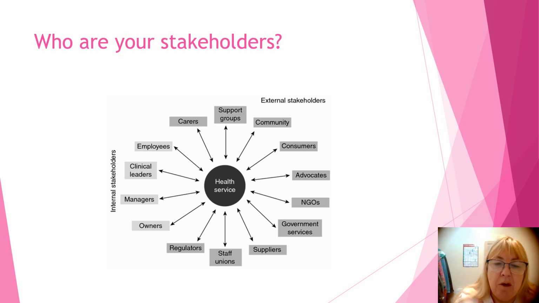So looking at the external stakeholders, we have people like support groups. They could be family and friends support groups, or local support groups of people with dementia, say, if you're a dementia care home, but they will have an interest in what you do as a care home. Also, the local community.